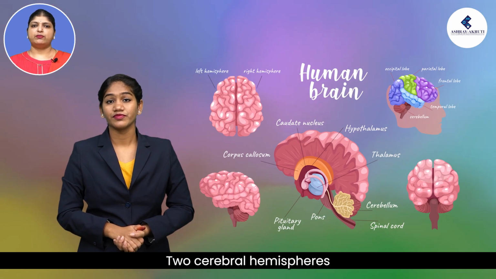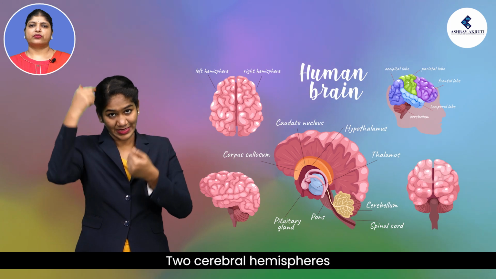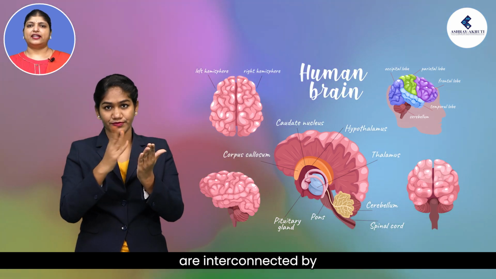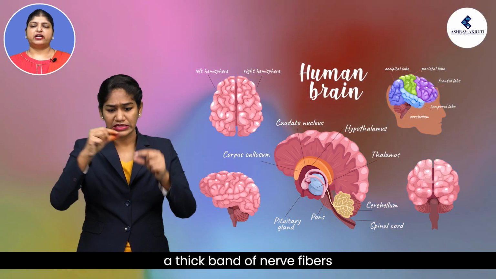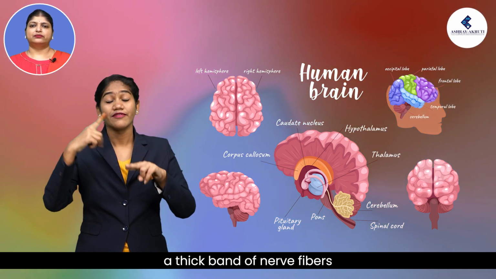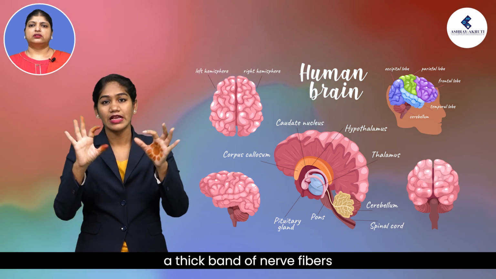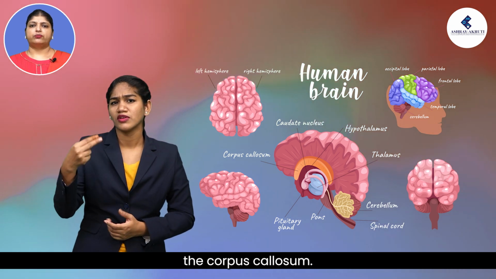Two cerebral hemispheres are interconnected by a thick band of nerve fibers called the corpus callosum.